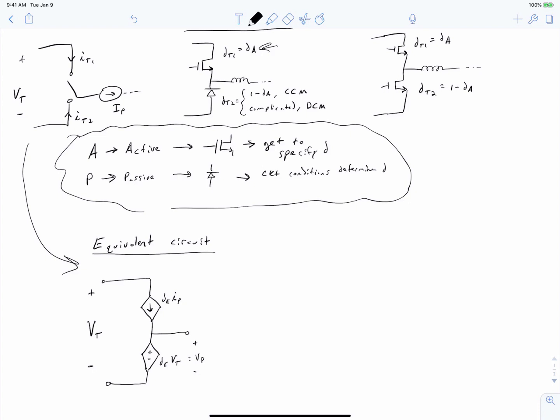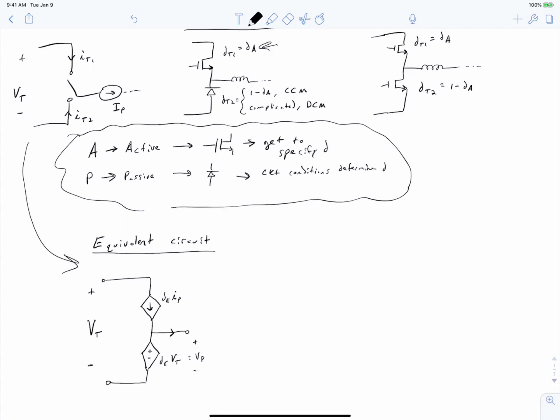And we've called this duty ratio DE, or equivalent duty ratio. And we're seeing that our top throw current is going to be equal to a duty ratio times our pole current. And again, we're using the equivalent duty ratio DE. So we've assumed that this is true in our previous analysis of the DC-DC converters, of the single pole double throw switch.